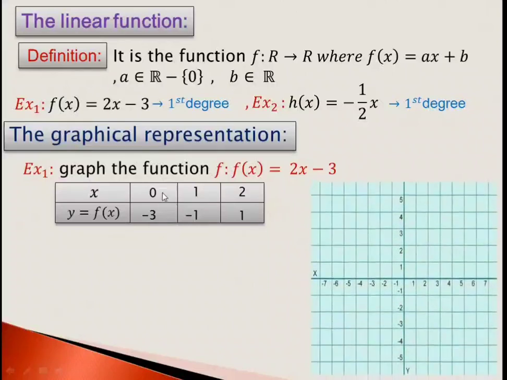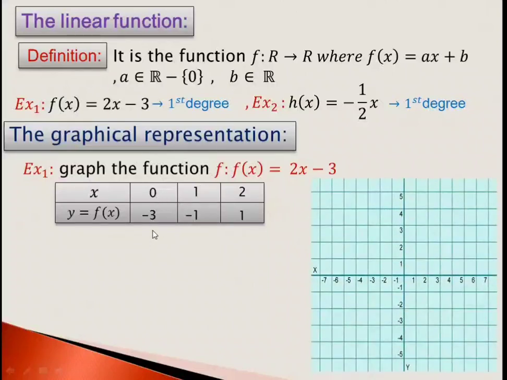Now we can plot these ordered pairs. The first ordered pair, (0, -3), its location is here. Its first projection is 0 and second projection is -3. And the second ordered pair (1, -1), its location is here.